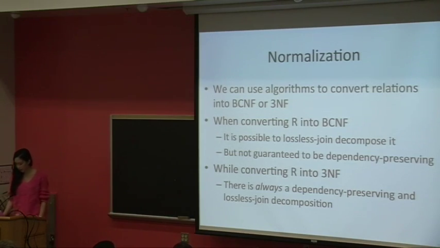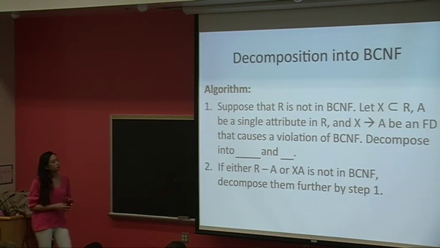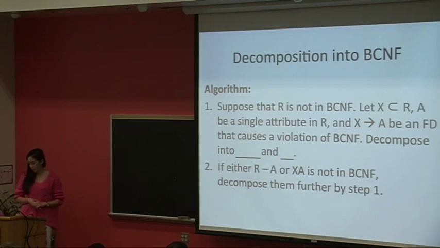Let's try to approach decomposing into Boyce-Codd normal form first, which remember is the strictest normal form, right? So this one, decomposition into Boyce-Codd normal form. We actually have an algorithm, and that's from one of our observations we have observed last time. So the algorithm only has two steps.